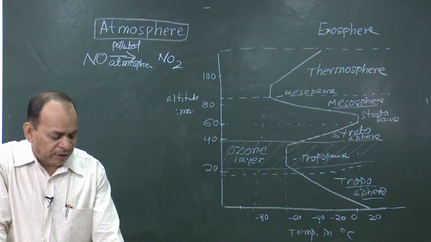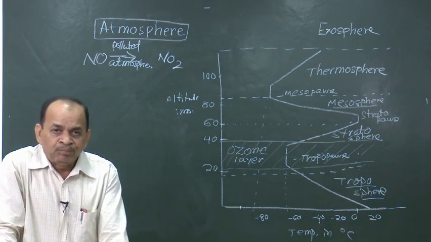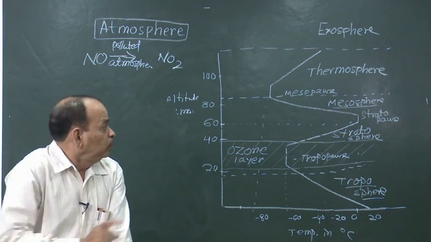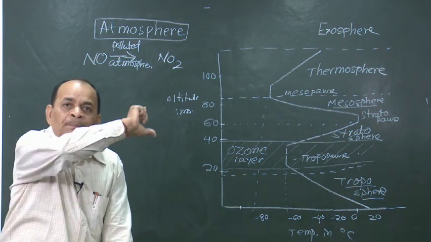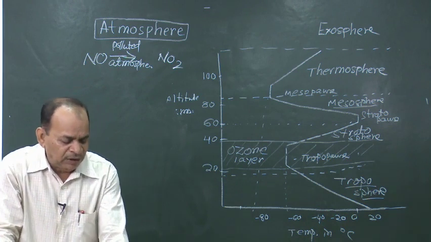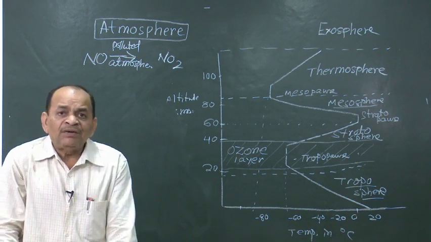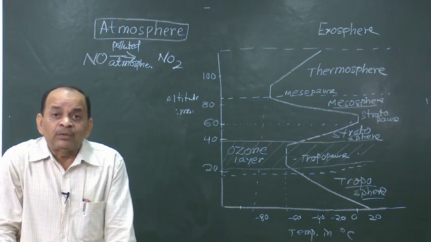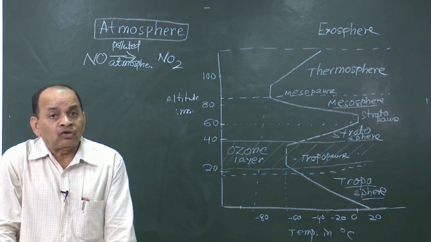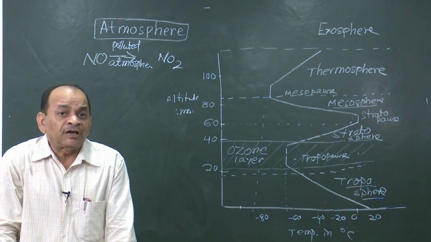In this region, temperature has a positive gradient. What do you mean by positive gradient? Temperature increases, reaching a value in excess of 1100 degrees centigrade. You can imagine, that is why it is known as thermosphere. Thermo refers to heat or temperature.